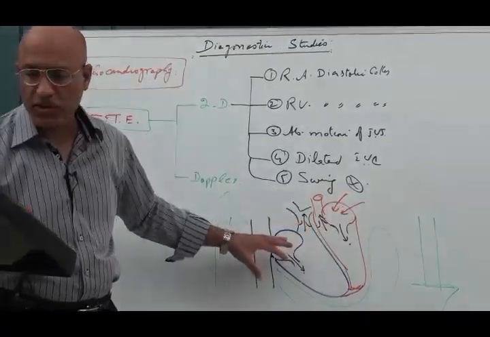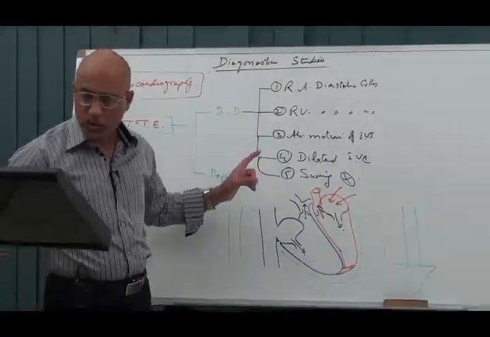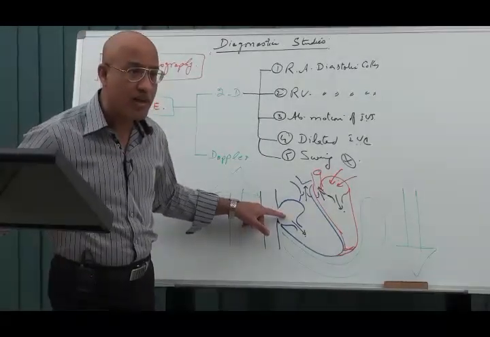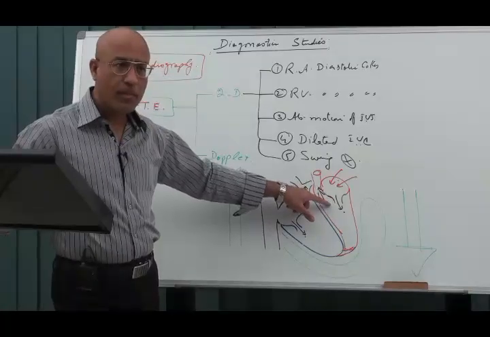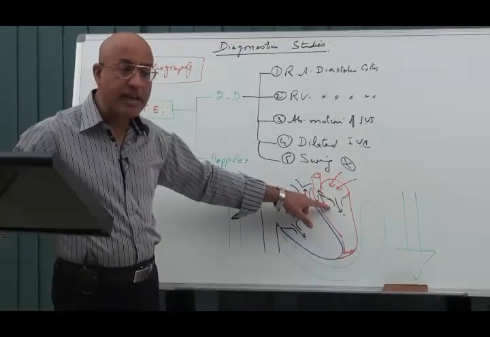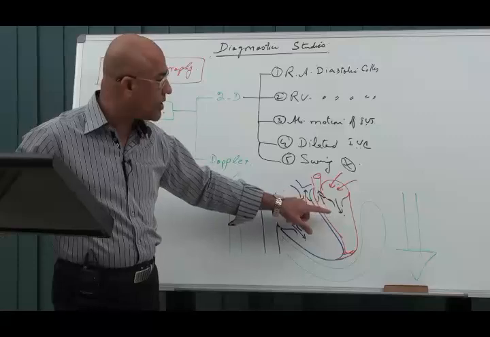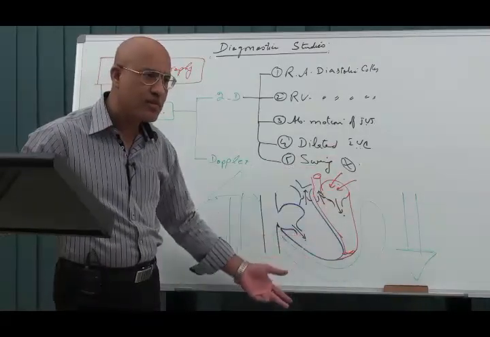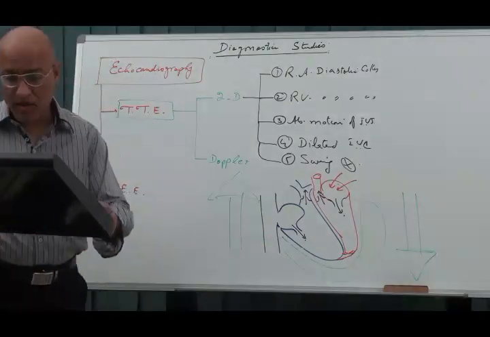So we say in these patients, as compared to expiration, during inspiration tricuspid flow increases 40%. On the left side, during inspiration as compared to expiration, mitral flow decreases 25%. So there is no need to remember this, right?